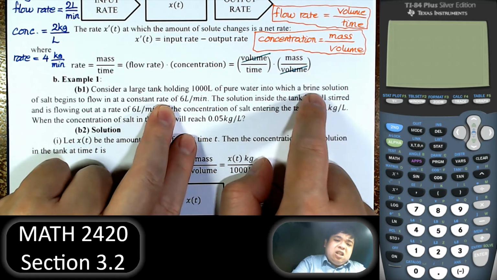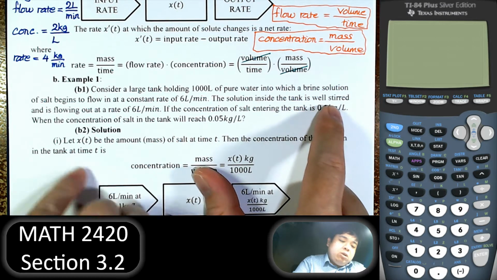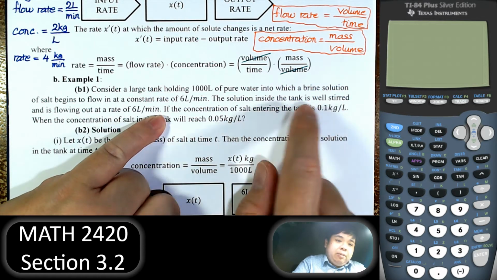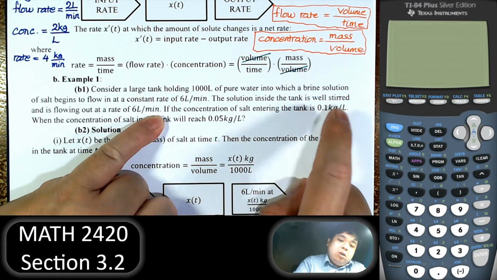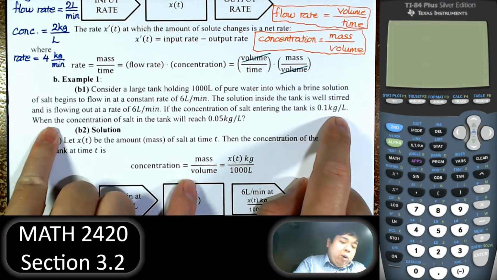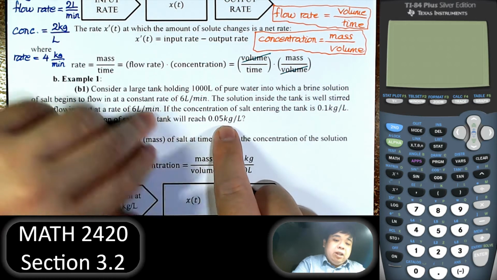That's just like a salt solution. The solution inside the tank is well stirred and flows out at 6 liters per minute. If the concentration of salt entering the tank is 0.1 kilogram per liter, when will the concentration in the tank reach 0.05 kilogram per liter?